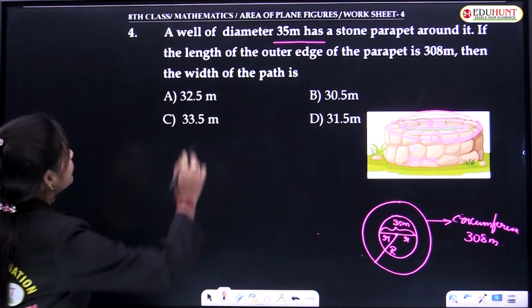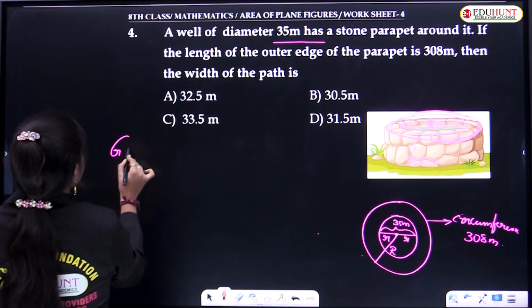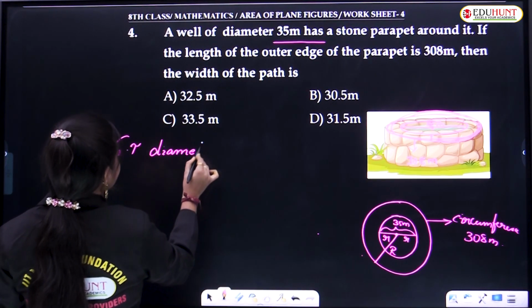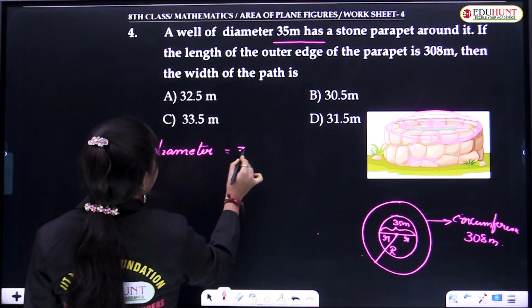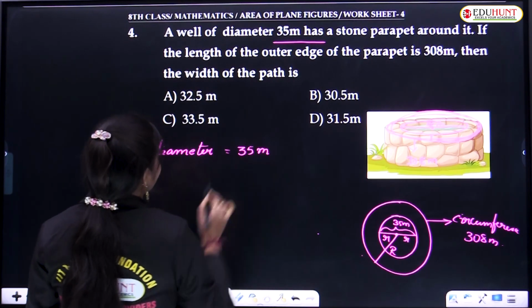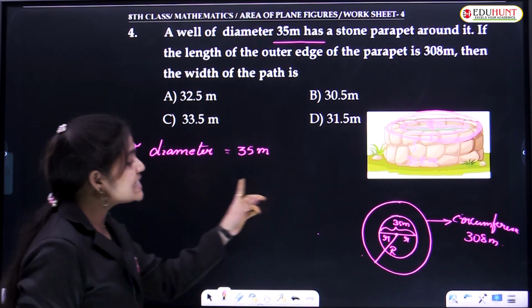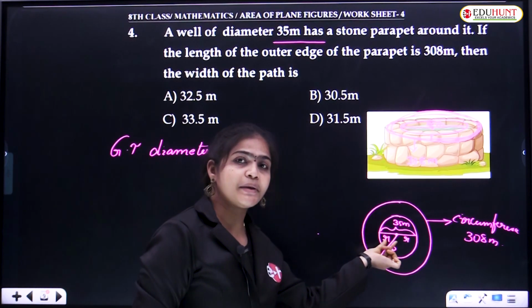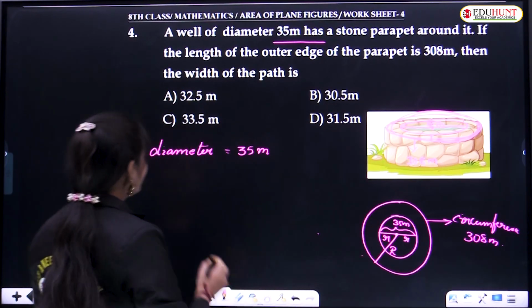Okay. Now here see what they have given. Given that diameter is equal to the diameter of a circular path, 35 meters. Is that the inside circle or the outside circle? Inside circle only, no? Inside circle means capital R or small r? Small r we need to find out.